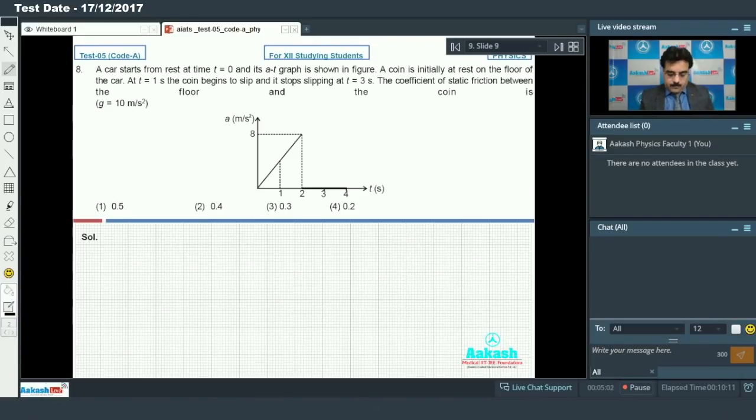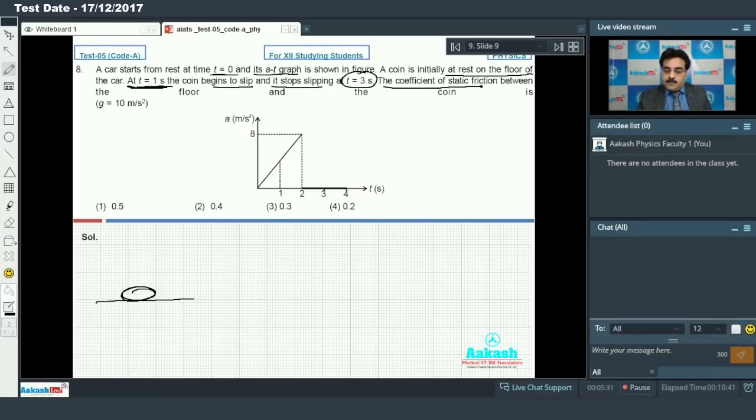So if I go for question number 8, a car starts from rest at time t equals 0. AT graph as shown in the figure. A coin is initially at rest on the floor. At time t equals 1 second, the coin begins to slip and it stops slipping at t equals 3 seconds.